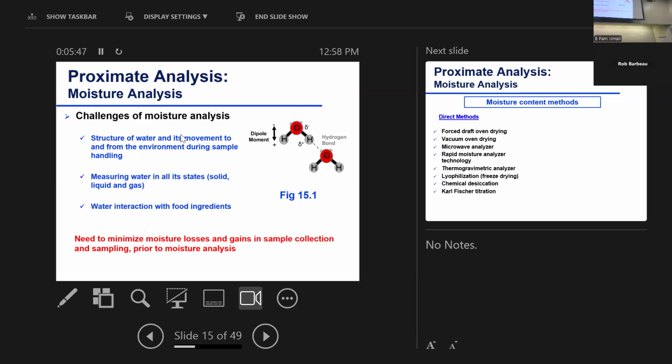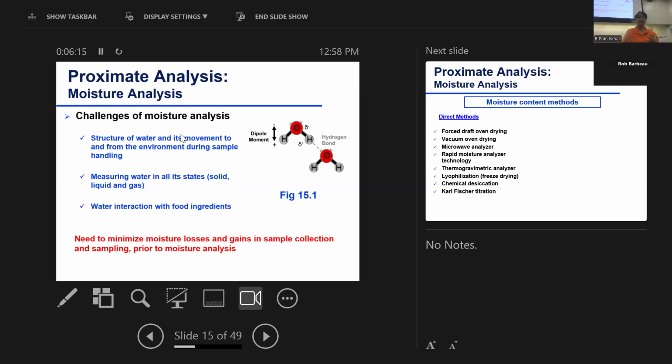And the water above the sample in the environment can cause either the sample to pick up that water and have more hydrogen bonding with the water, or make the water leave that food sample and go to the environment. So you don't have to always heat to cause a dissociation of the water from your sample, or the loss of the water from your sample.